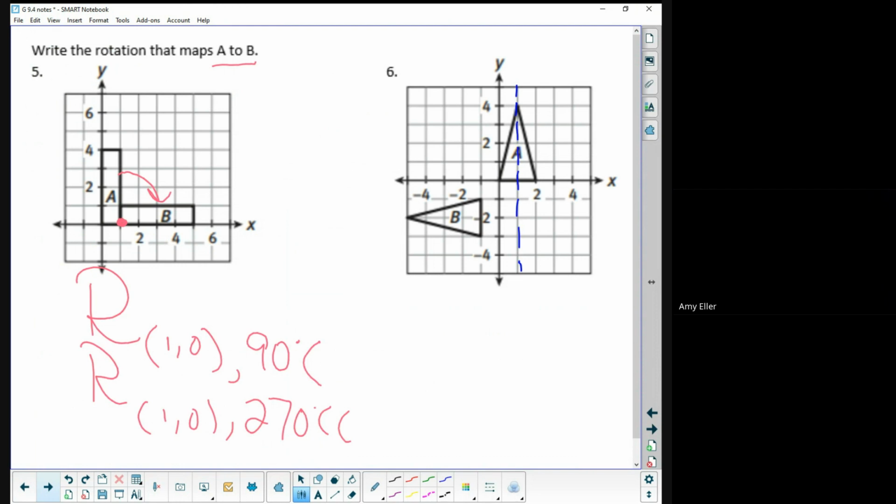I'm able to draw a perpendicular line just like that, straight through my other figure. Does that help you figure out what point it is? Yes, the point where they intersect. So that looks like the point over 1, down 2.